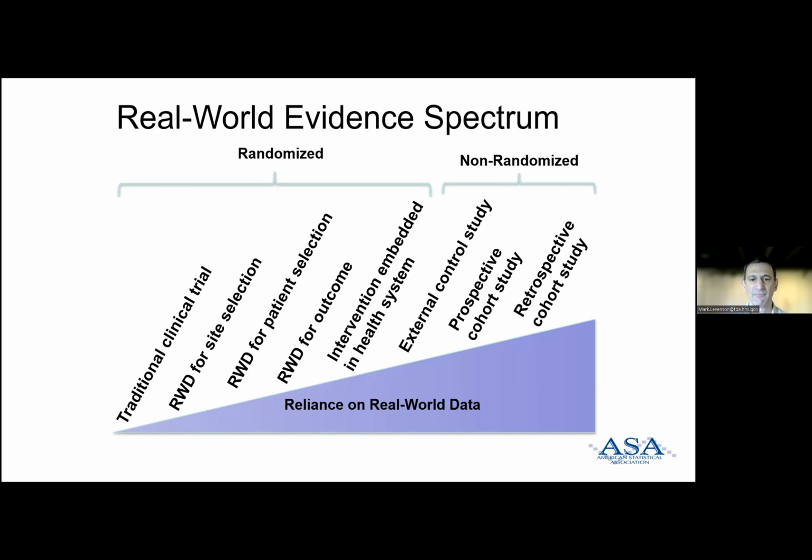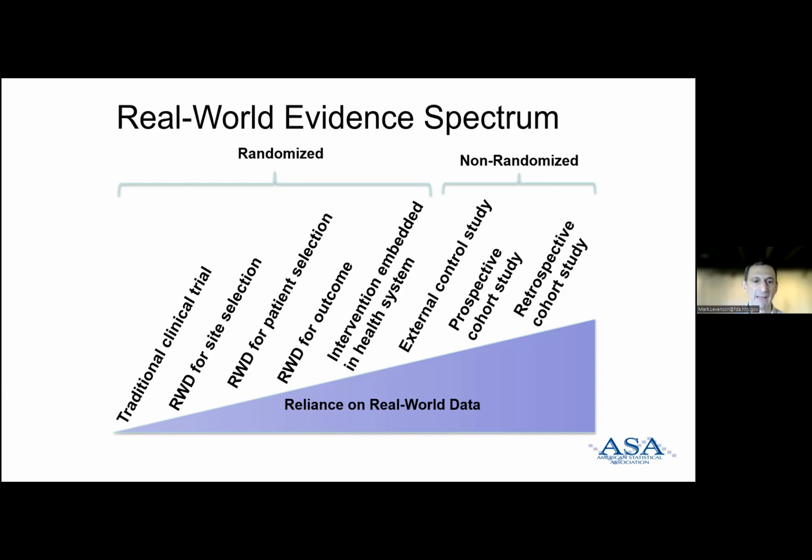The trial itself may not use any real world data, but before you conduct a trial, real world data is often used to design the trial, to understand the disease population, the comorbidities, the incidence of the disease, the incidence of outcomes. So there's a lot of things you might use real world data for, and then design a traditional clinical trial that may use only specially collected data, like in a traditional trial.